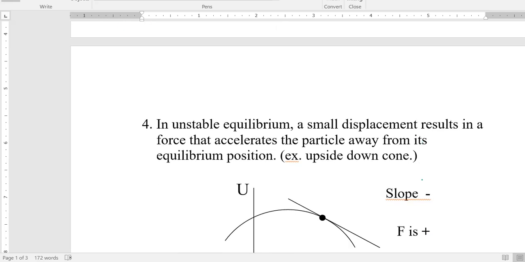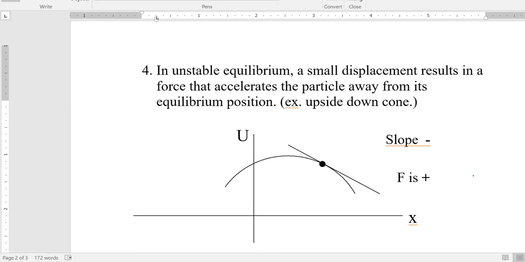Now, another type of equilibrium is called unstable equilibrium. That's where a small displacement results in a force that accelerates the particle away from its equilibrium. I wrote an example there, an upside down cone, but I'll do another one.